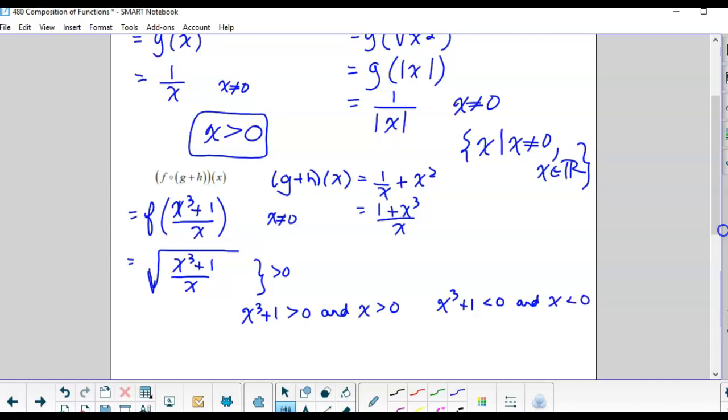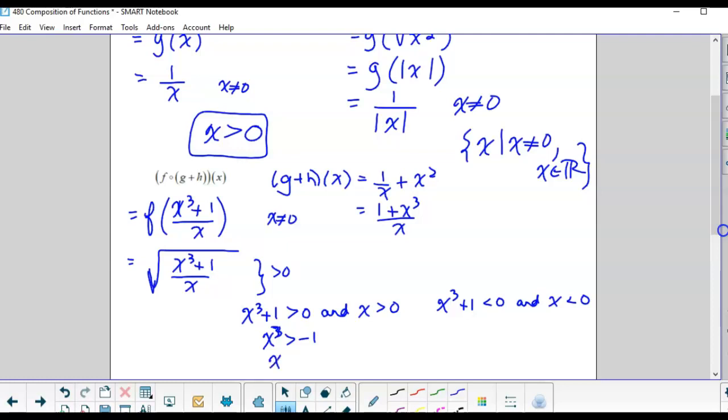Okay, so this would be, so x cubed plus 1, you can factor it using a sum of cubes, but really if you think about x cubed is greater than negative 1, when is it equal to negative 1? When x is equal to negative 1.